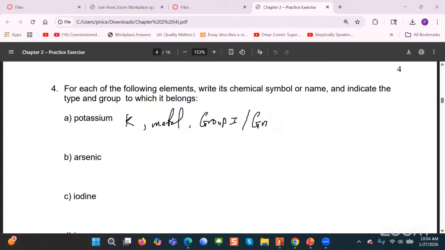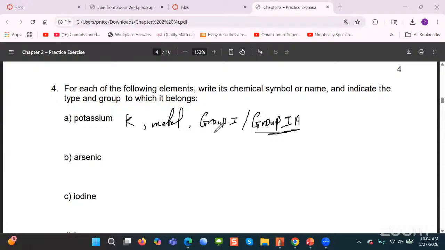As you may or may not know, there are two systems for designating the group numbers. The older system, which is what I'm more familiar with from my high school days, is Group 1A.